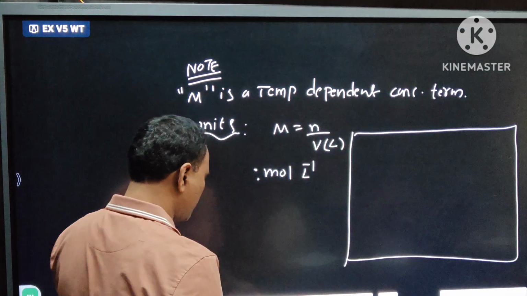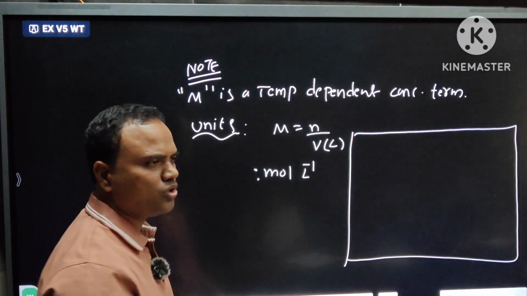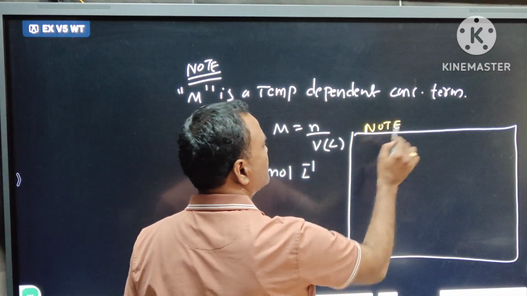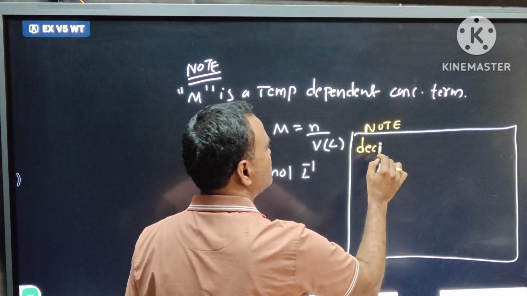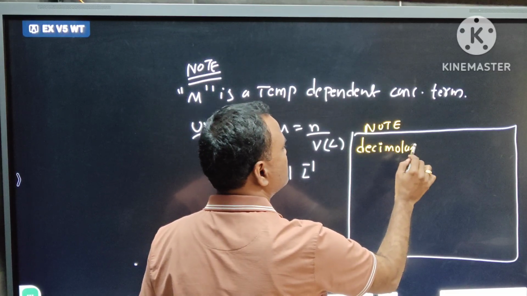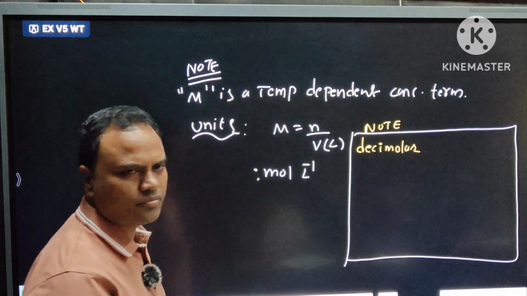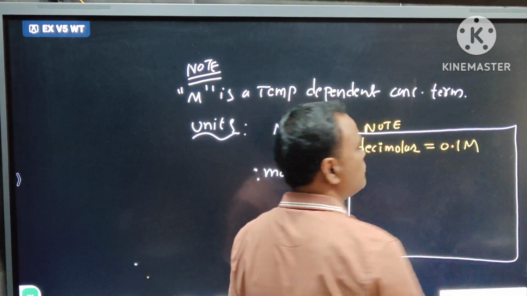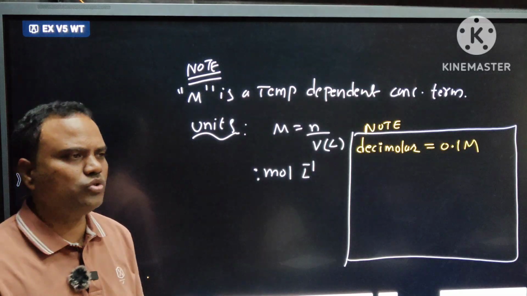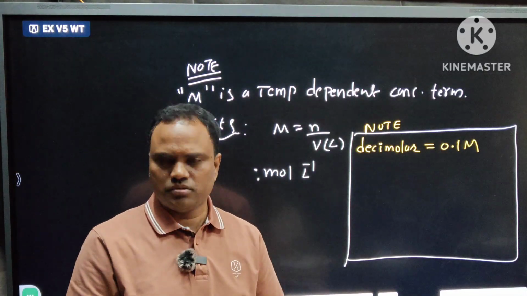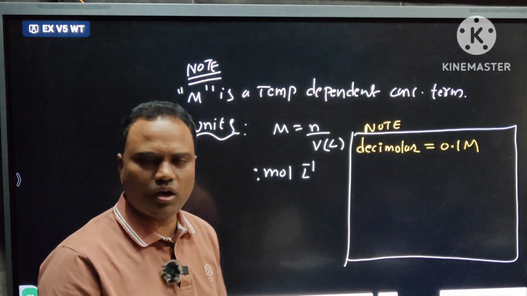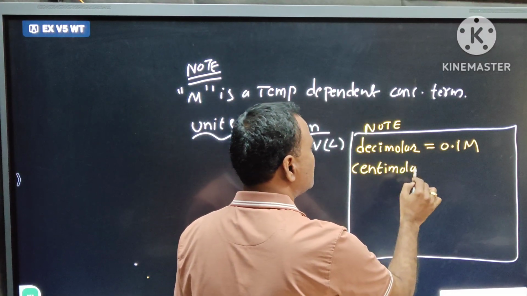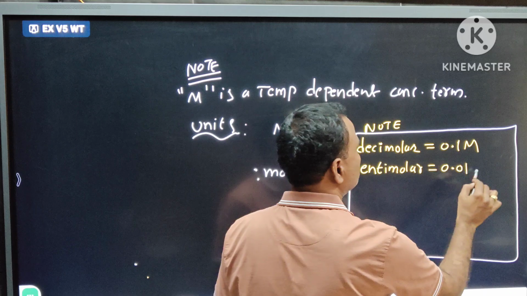During numericals you can get words like decimolar, centimolar, millimolar. Deci means 0.1, you know already from basic mathematics. A decimolar solution means the solution whose molarity is 0.1. Centimolar is 0.01 molar.